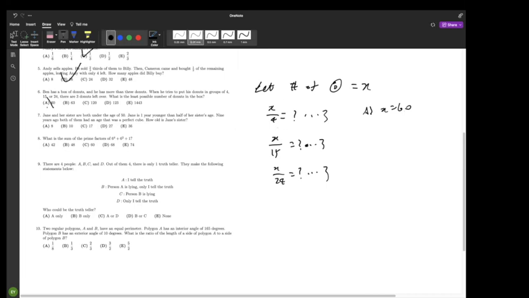So A is not the answer. For B, x is 63. The first one is satisfied and the second one is too, but the last one, our third case, is not satisfied, right? So B is not the answer. For C, x is 120, and the first, second, and third are all not satisfied, so we definitely know that this is not the answer.